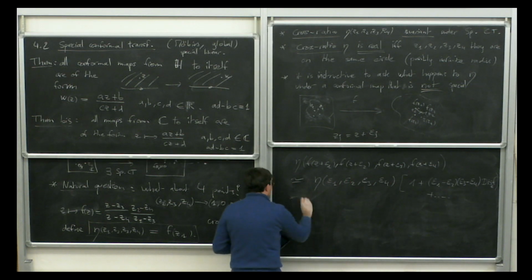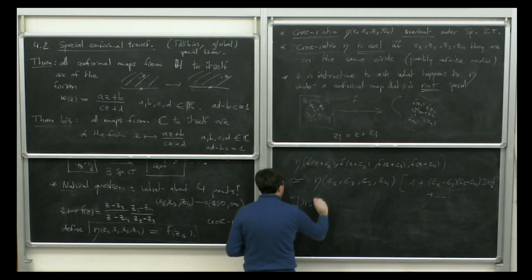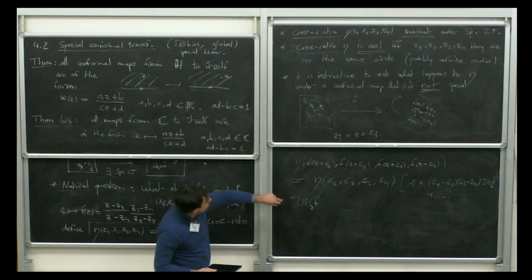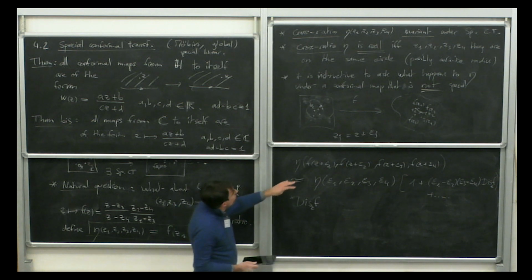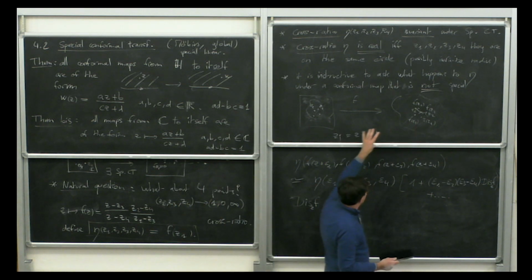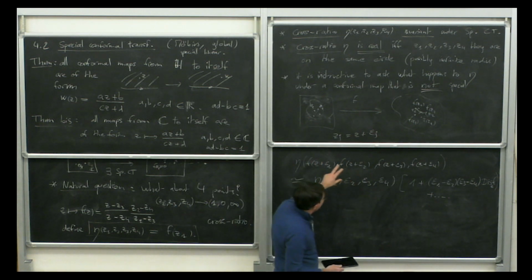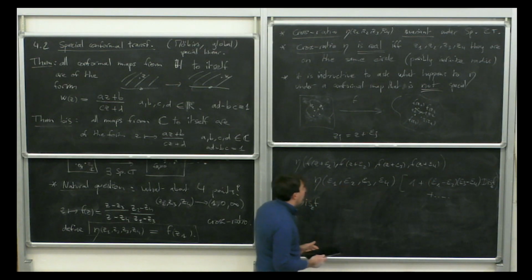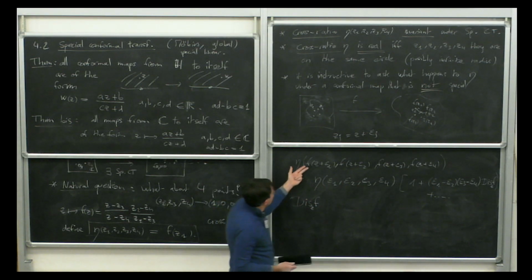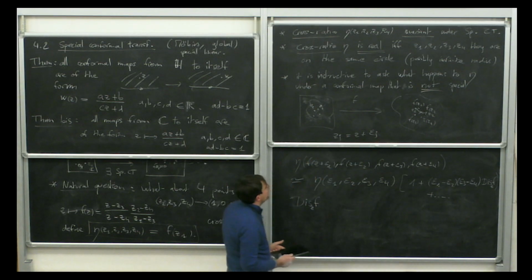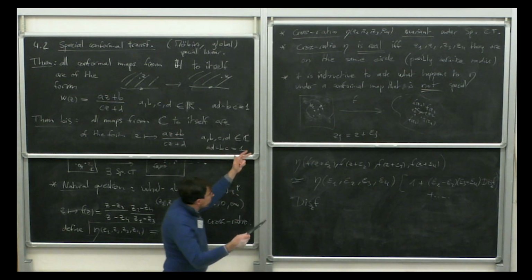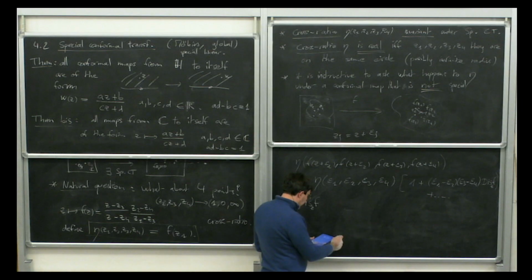So this quantity, this of f, is something that measures the local distortion, the local difference from a special conformal transformation around the point z, and it shows up in the way that the cross ratio changes under a conformal map that is not exactly global or special. Okay.